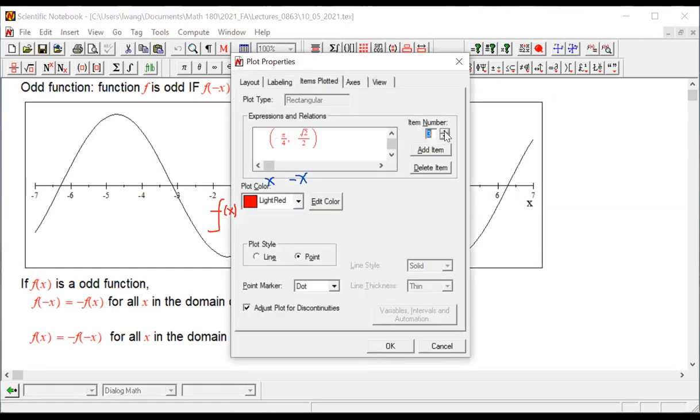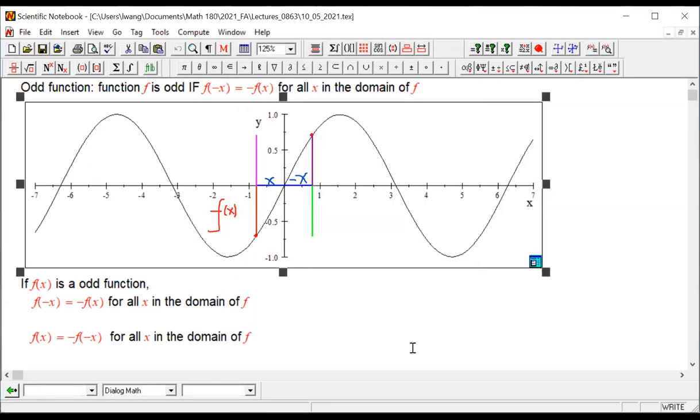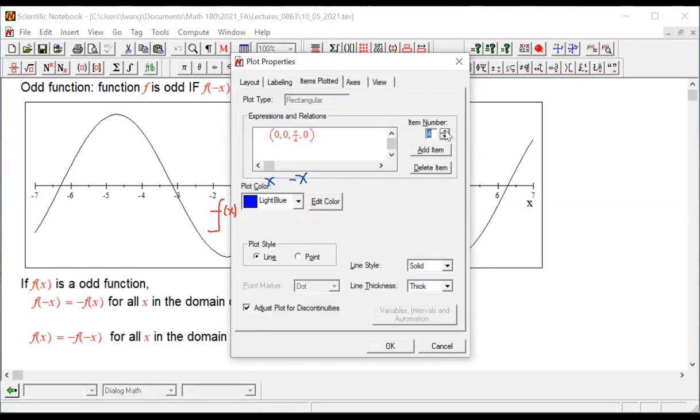So let's look at the first red. Okay, purple.